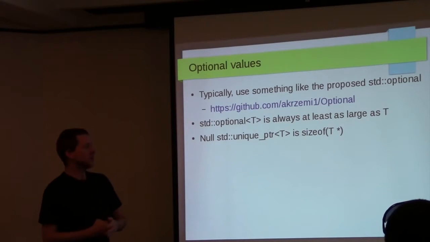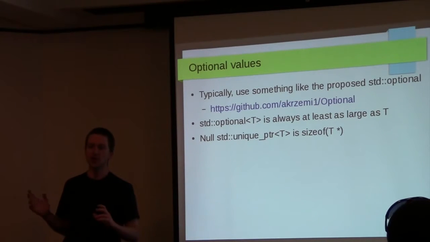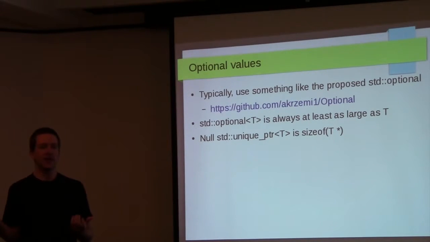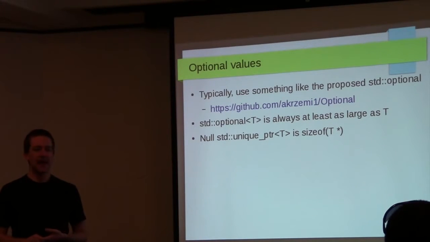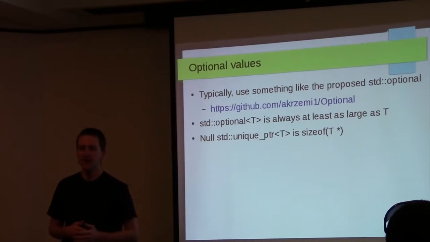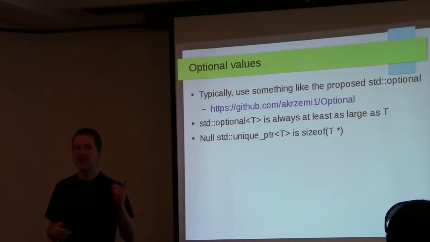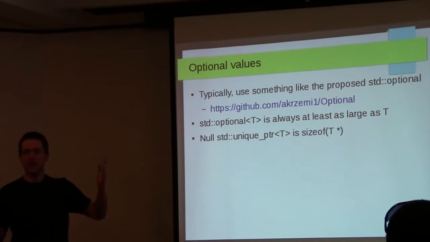If you use standard optional T, the one downside of this is that it is always at least as large as T. So if you have a large value, say an optional class of 200 bytes, and that represents some important flags for a stock or a bond or an index or something like that, and you are watching 4 million of them, and this data is only present in a small portion of them. If you use optional to represent that, you're always paying for that space, even though maybe only 1% of them have it.